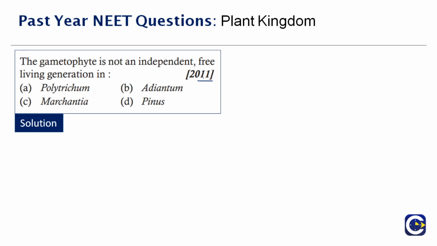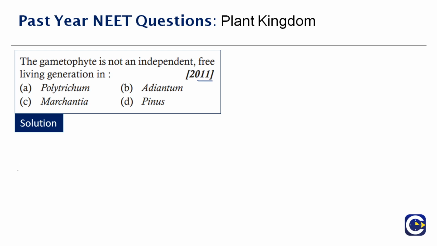This particular gametophyte remains confined within the sporangia and gets retained on the sporophyte. This system is visible in Marchantia, because here the gametophytes are highly dependent upon the sporophytes. They do not live in an independent system. Now, who is this Marchantia?